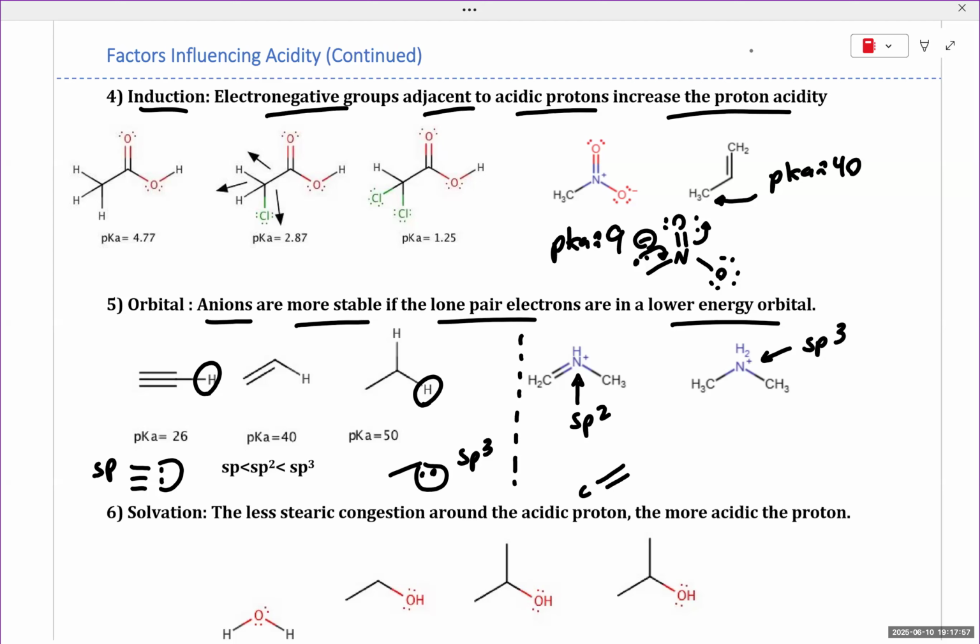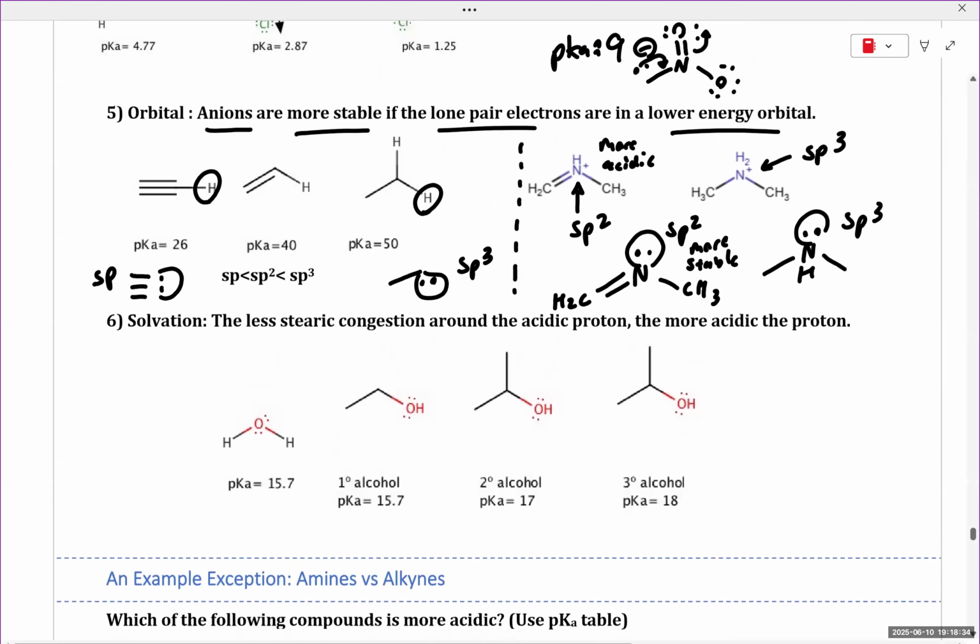If we draw out the conjugate base, we see that this lone pair is held in an sp2 hybrid orbital, while this lone pair is held in an sp3 hybrid orbital. Because this lone pair is more stable, in turn, that means this parent acid is more acidic. So orbital effects do influence acidity.